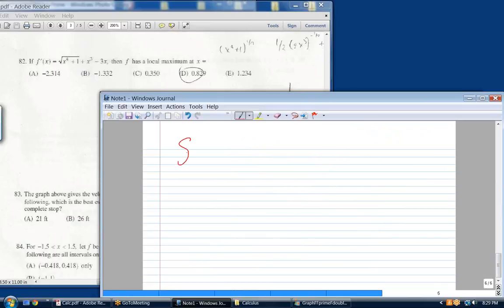Okay, f prime, this one gave me a little trouble, is equal to... f has a local maximum at x equal to... well, if I'm going to use the first derivative test, I'm going to set that equal to 0 and solve for it. Now here's where the problem comes in.